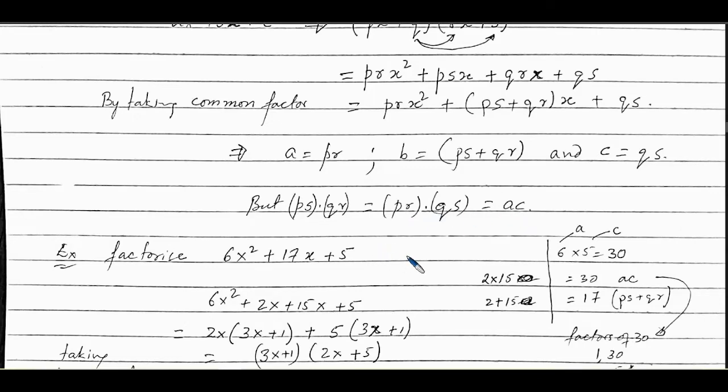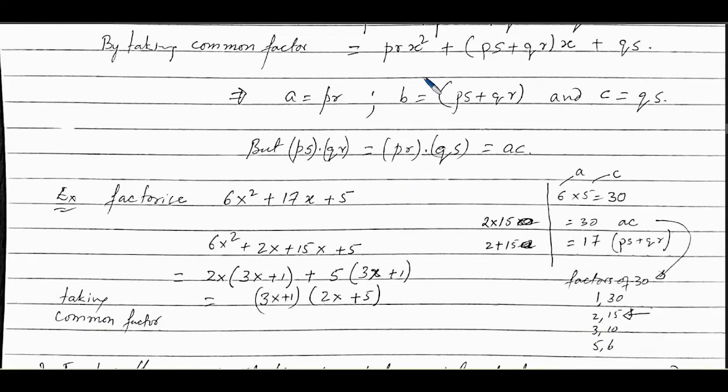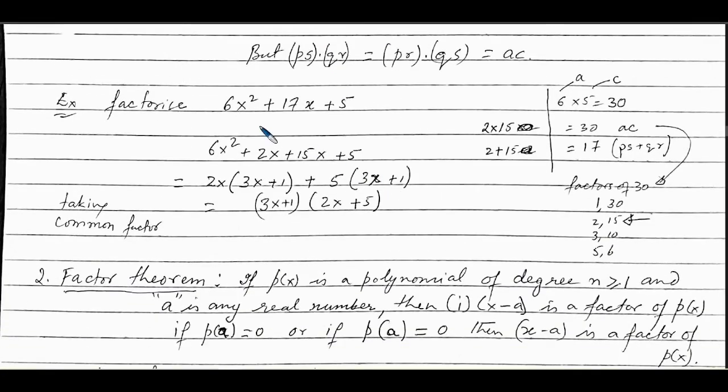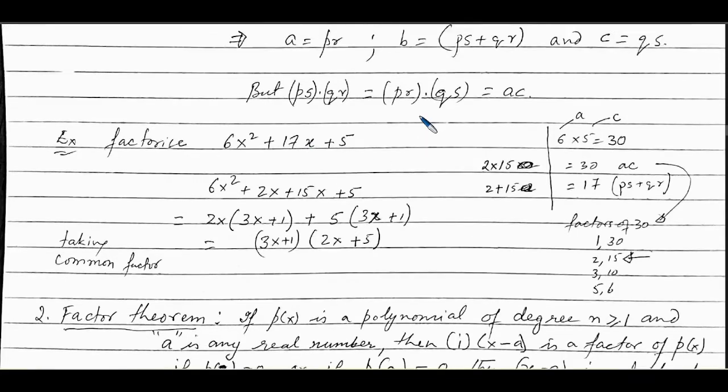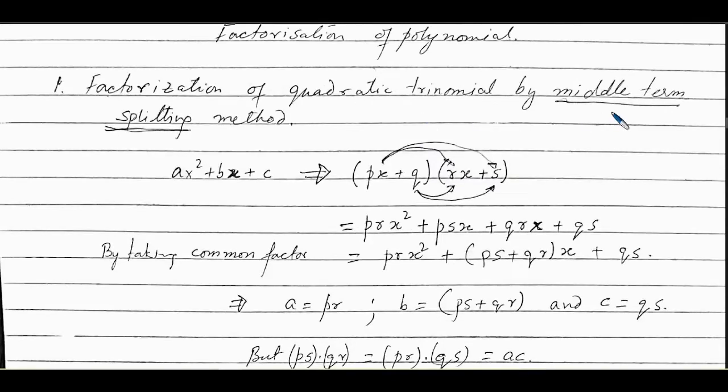So let us see one example from what we have learned so far. Factorize 6x square plus 17x plus 5. So here we are doing what is called middle term splitting. Here you see I have this bx, I have split it into ps into x plus qr into x. So this is the middle term splitting.